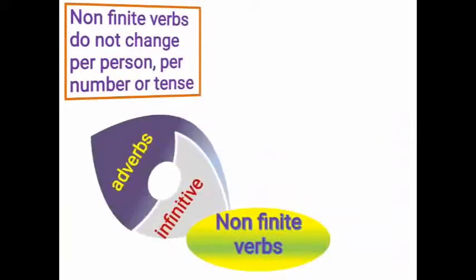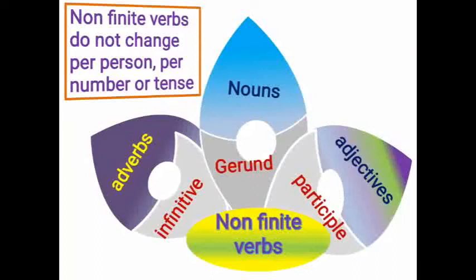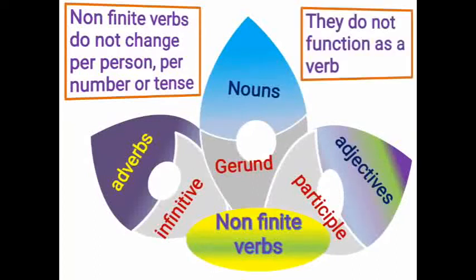And we have also learned that non-finite verbs are infinitives, gerunds, and participles. We also have understood that non-finite verbs do not function as a verb. So, they function as adverbs, nouns, and adjectives.